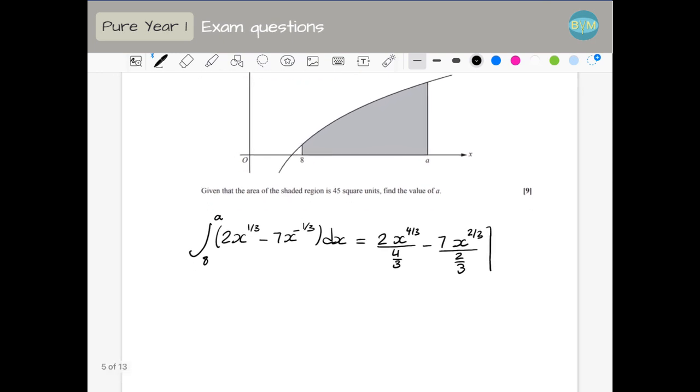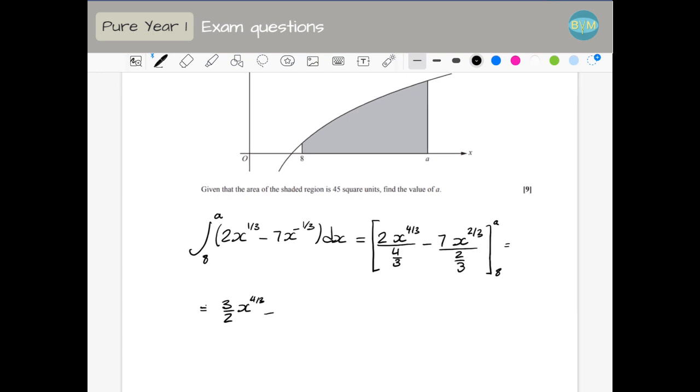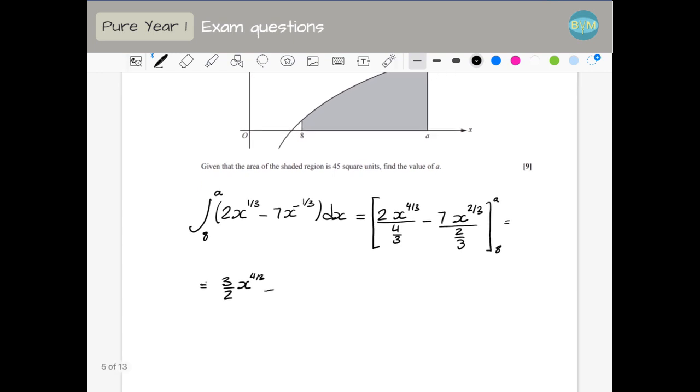This goes between 8 and A. Simplifying, 2 divided by 4/3 is 3/2, so I have 3/2 x to the power of 4/3, minus 7 divided by 2/3, which is 21/2, so minus 21/2 x to the power of 2/3.